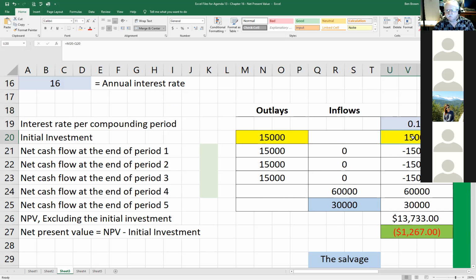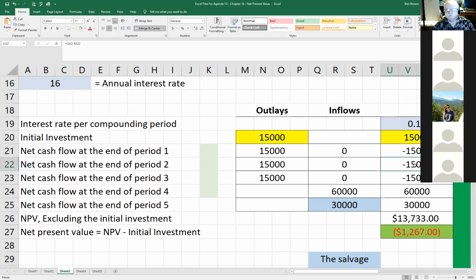So here, this one is the inflow minus the outlay. So in here, we end up with a negative 15,000.